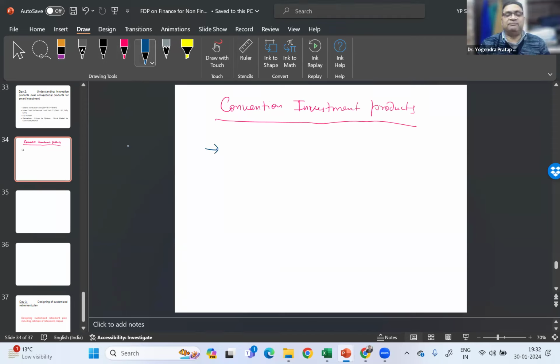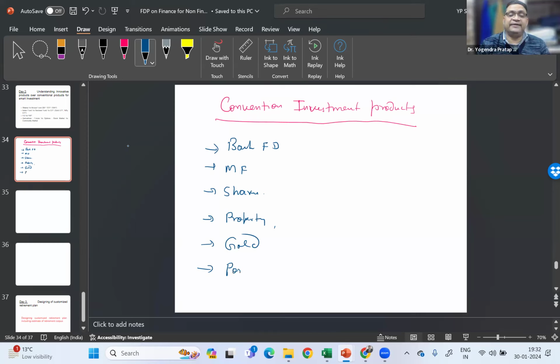Let's say one by one. You will say bank FD. Then you will say mutual fund. Then you will say shares. Then you will say property. Then you will say gold.